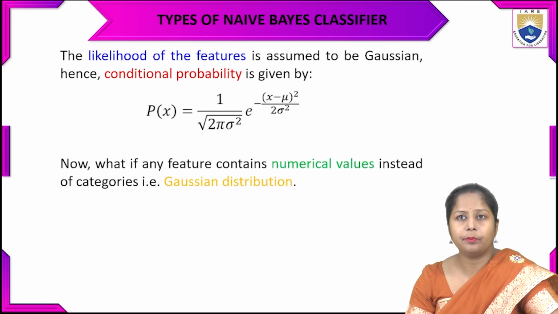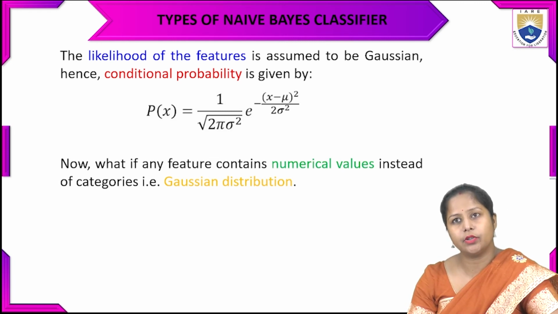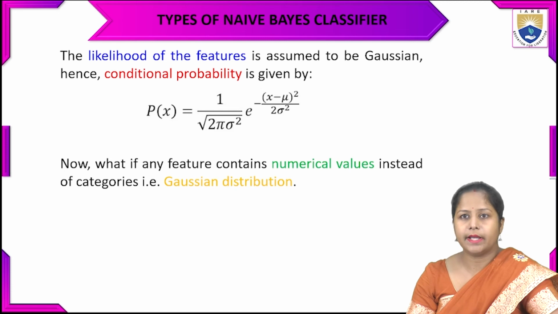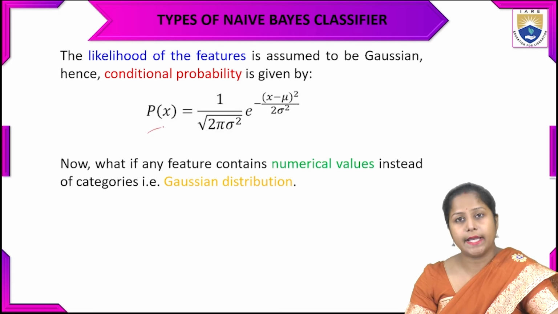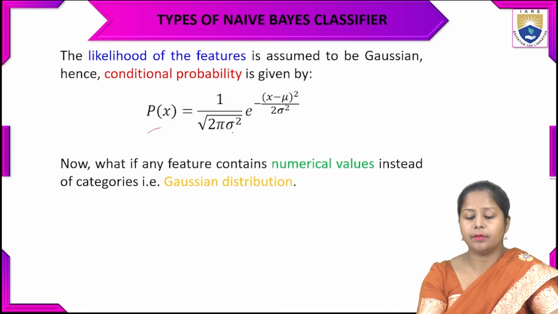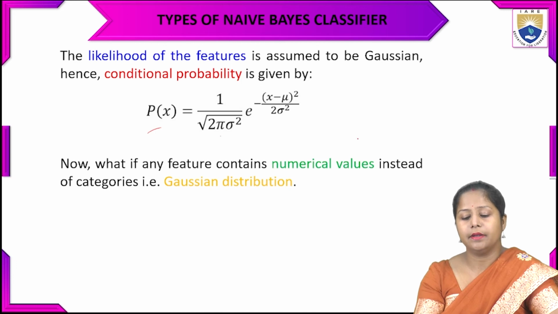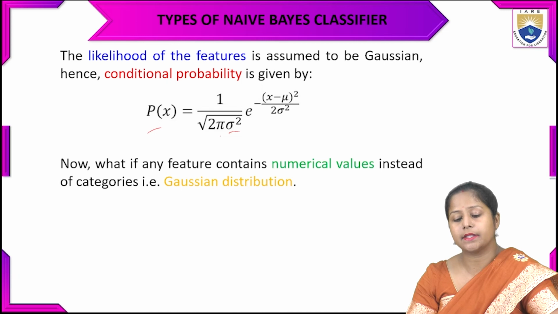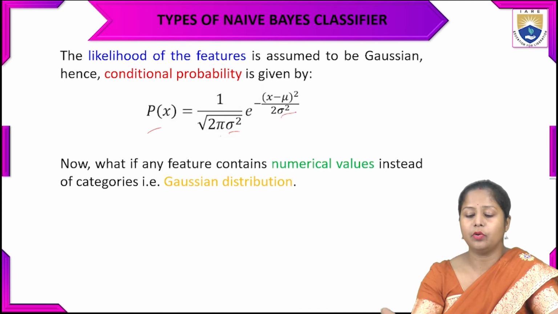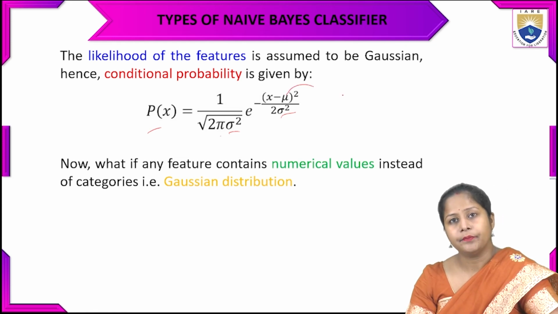The likelihood of the features is assumed to be Gaussian, and on that basis we calculate the conditional probability. The formula is P(x) equals 1 divided by the square root of 2 pi sigma squared, times e to the power minus (x minus mu) whole squared divided by 2 sigma squared. Here mu is the mean.